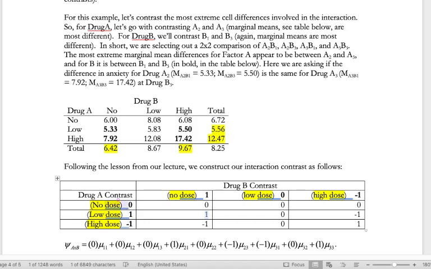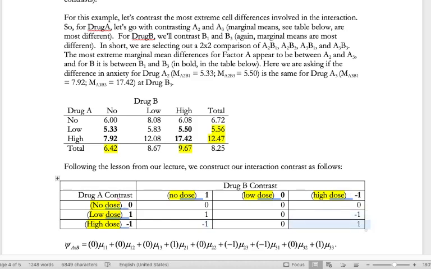If we look at drug A high dose versus drug B no dose, -1 times 1 is a negative. Same over here, -1 times 1, -1, and then 2 negatives cancel out to give you 1.